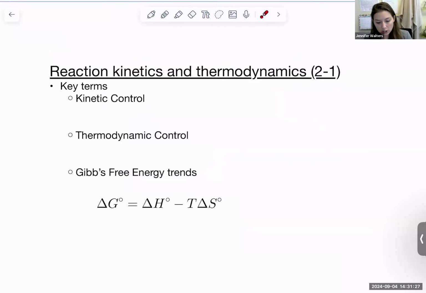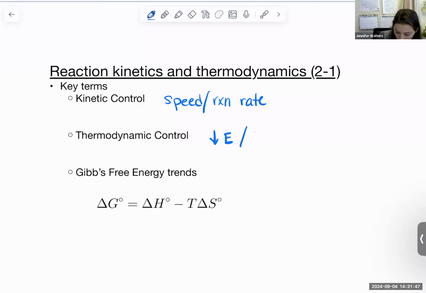Some important key terms: kinetic control is talking about the speed or the reaction rate. Thermodynamic control is talking about the overall stability of the product or the relative energy. So it's saying that you are lowering the energy of your molecule or you are increasing the stability, specifically of the product.